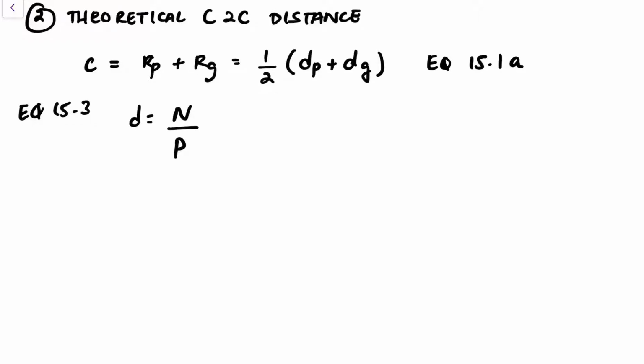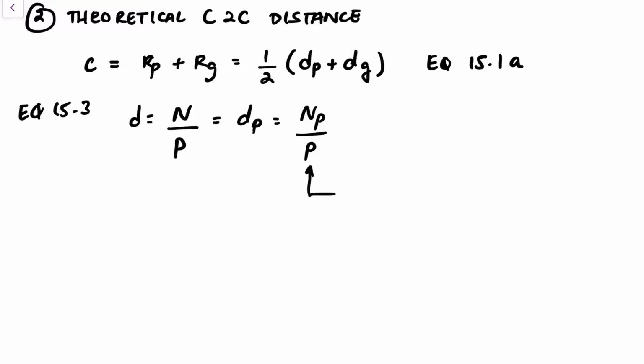Again, this is capital P, which is the diametral pitch and not the circular pitch. So the diameter of the pinion will be the number of teeth on the pinion divided by the pitch. Now the pitch is the same for both, because that talks about the module of the gear teeth, which has to be the same between two mating gears.